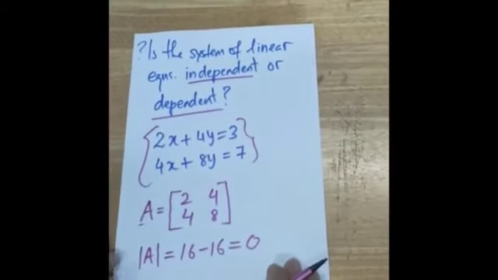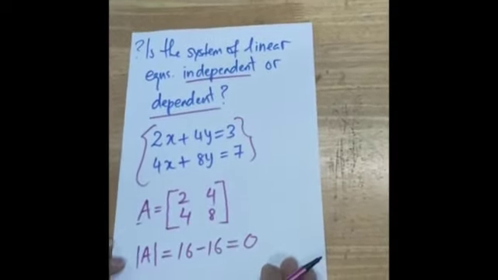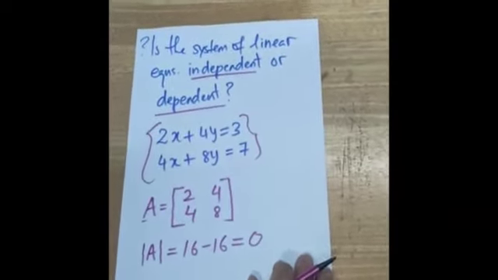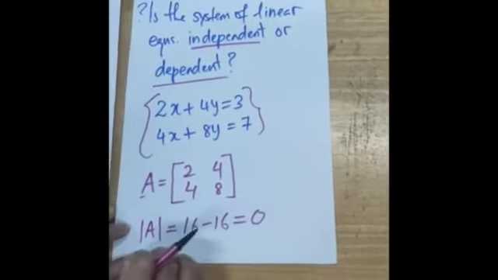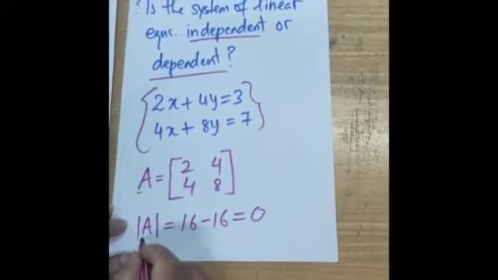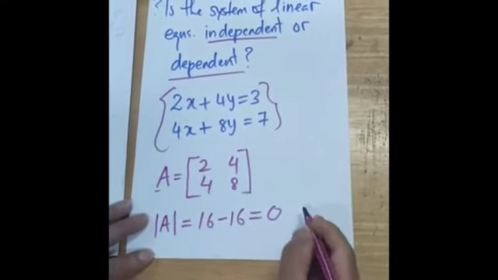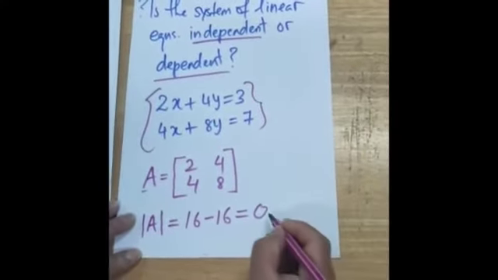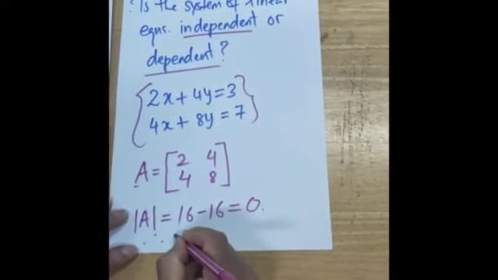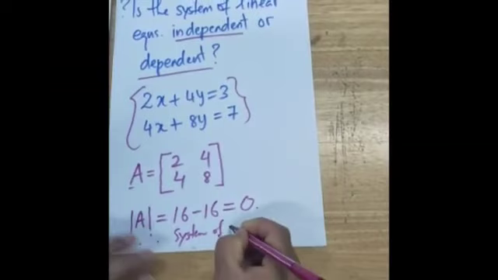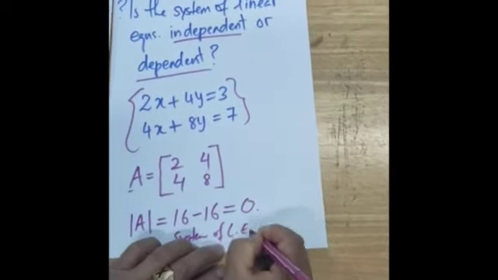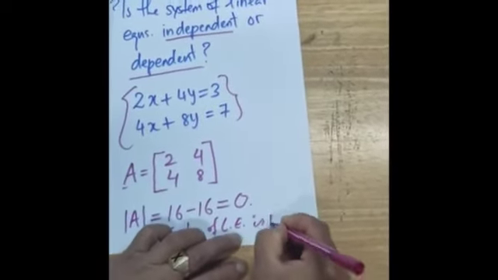According to the definition, whenever the determinant of the coefficient matrix A is equal to 0, the system is dependent. Therefore, we can say that this system of linear equations is dependent.